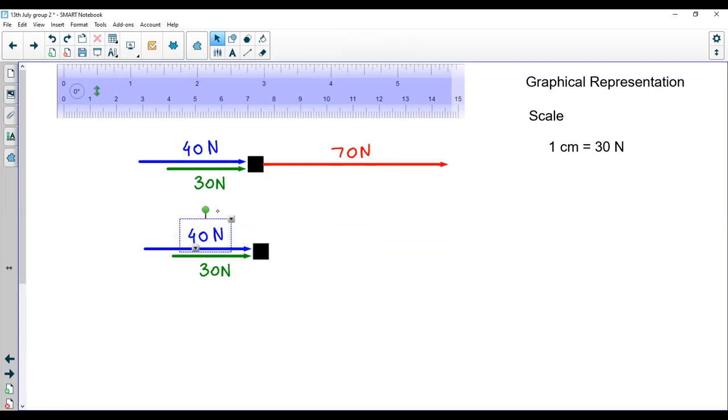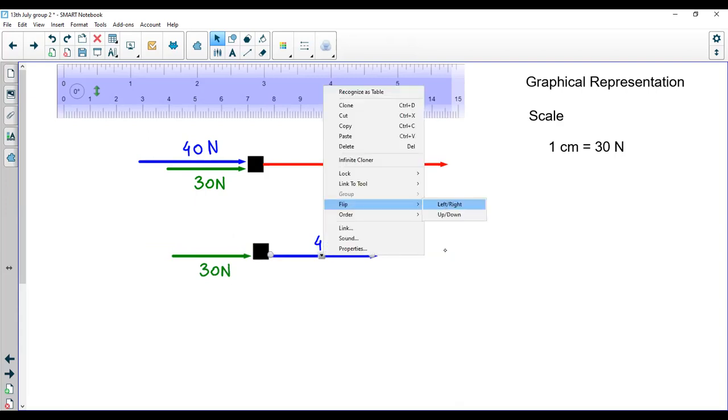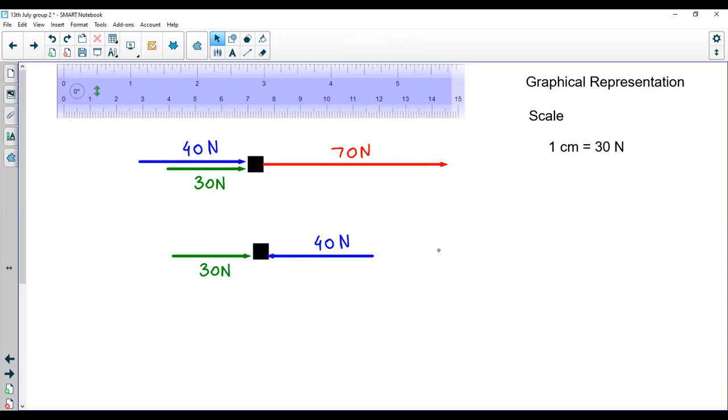Then what's the resultant? So what's the resultant now?